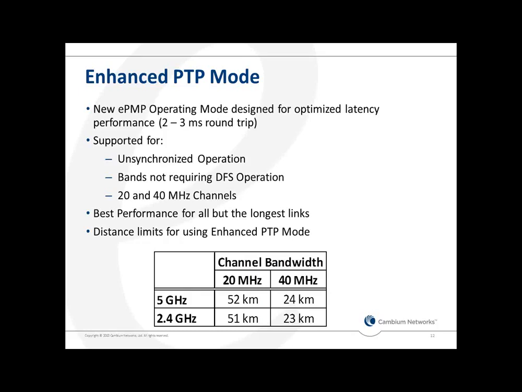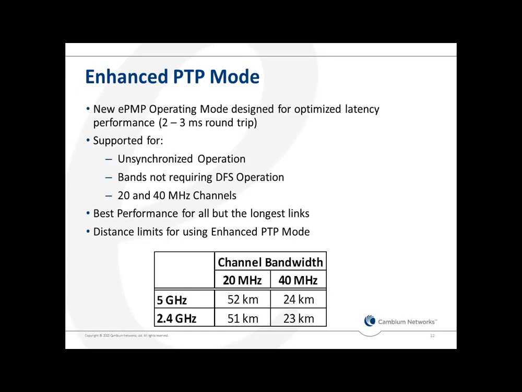So we have a chart here which shows what those distance limitations are, and they vary by channel bandwidth and slightly by frequency band. And really what drives these distance limitations is that we're using the native acknowledgement capabilities within the chipset in the ePMP product.